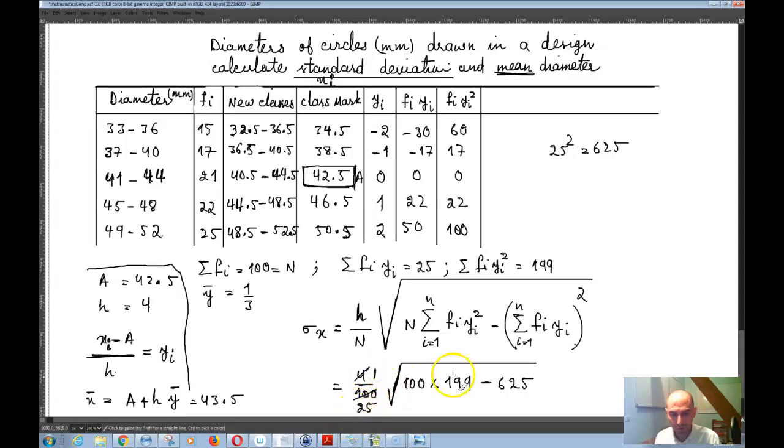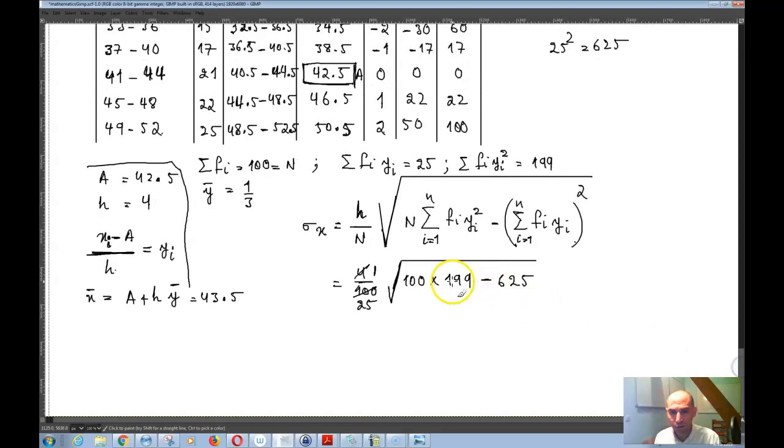1 over 25. And then over here you have 1 over 25 square root of 199 times 100 minus 625.